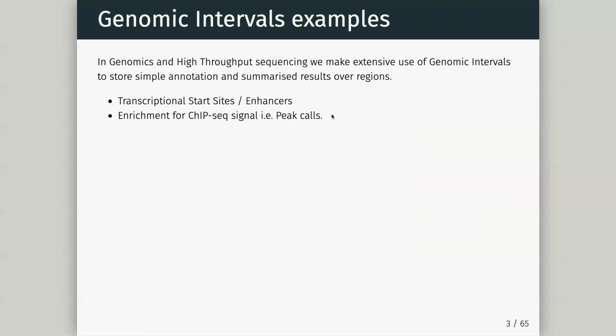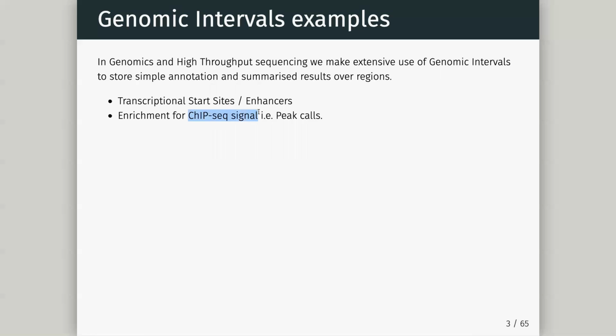Often, we don't need the complexity of a BAM file or a bigwig, where we can see signal at base pair resolution. We just need to know this much signal over my gene. This is how well expressed it is. Maybe we just need to know where the transcriptional start site is, or its nearest enhancer element, the element to control gene expression. And I started in epigenetics.